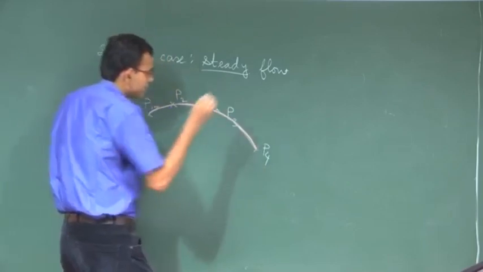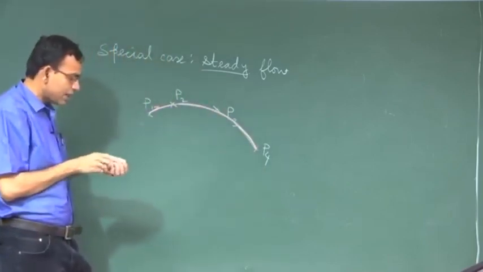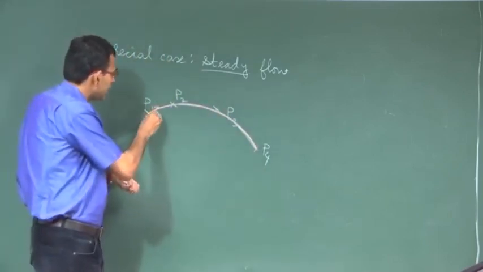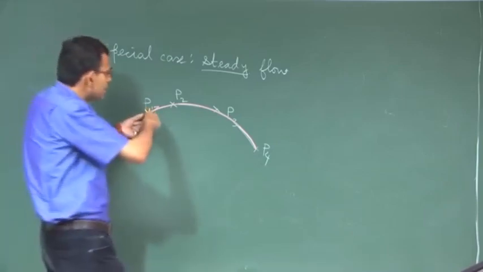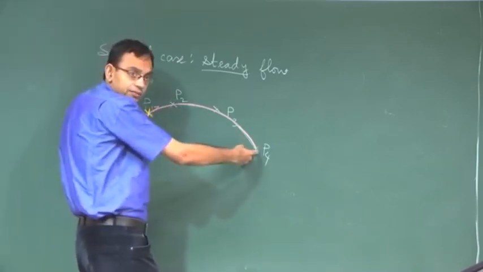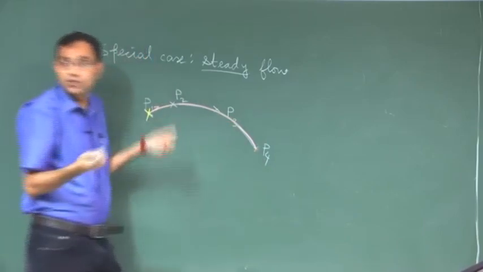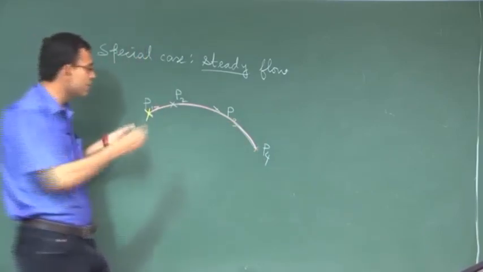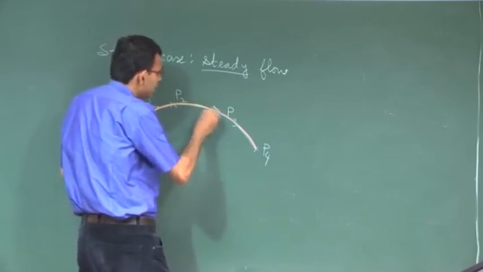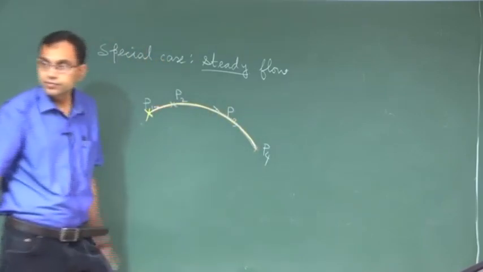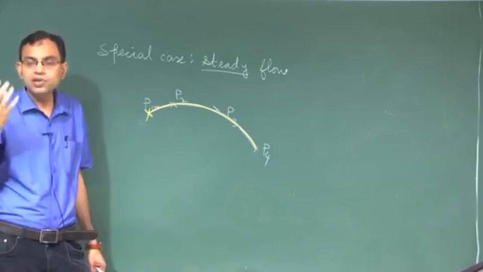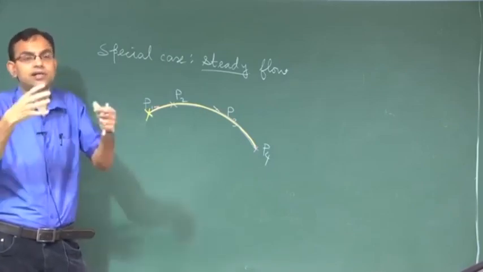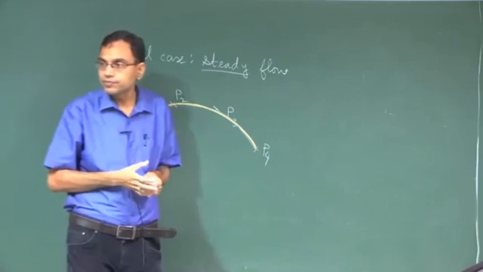Not only that, whatever particle is injected through this point at whatever instant of time will be constrained to move along this line only, because the flow field does not change with time, and therefore, this also becomes the streak line. So, for steady flow, streamline, streak line and path line, they converge, they become identical.